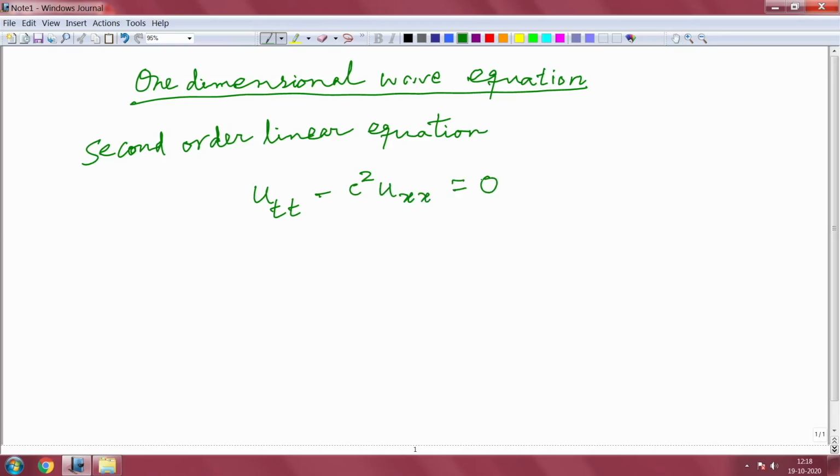This is called the homogeneous wave equation, and c is a positive constant known as the speed of propagation. We will see a little later why it represents the speed of propagation.